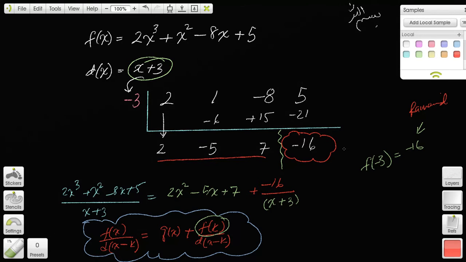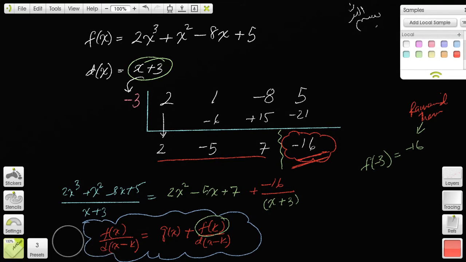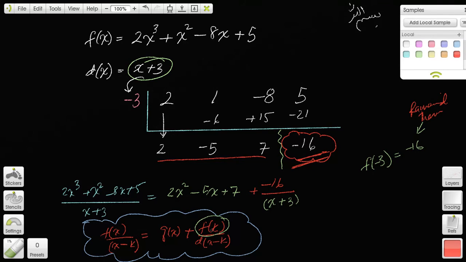So the remainder theorem basically tells us what the remainder is going to be. If you're dividing by x minus k, the remainder is going to be f of k. Again, the remainder theorem tells us what the remainder is going to be. If you're dividing by x minus k, that's the divisor, the remainder is going to be f of k.